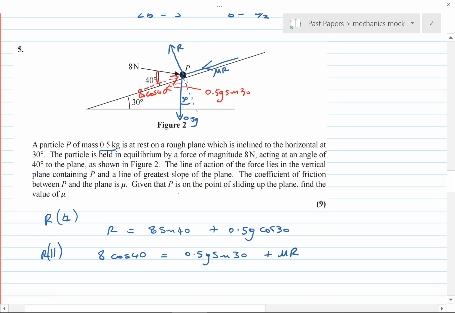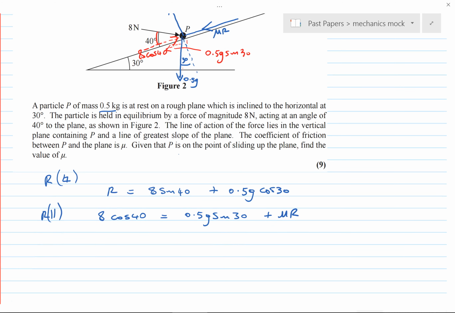Okay, so now we can substitute for r and hopefully get our answer. What we'll do is I'll isolate mu r. So we have mu r is equal to 8 cos 40 minus 0.5 g sine 30. And we sub for r.